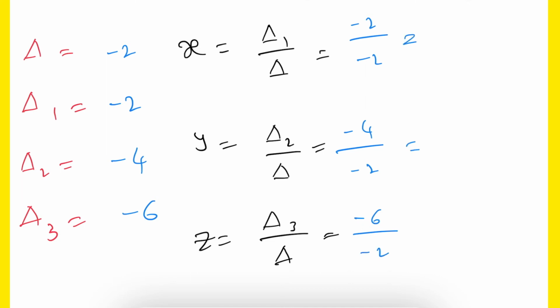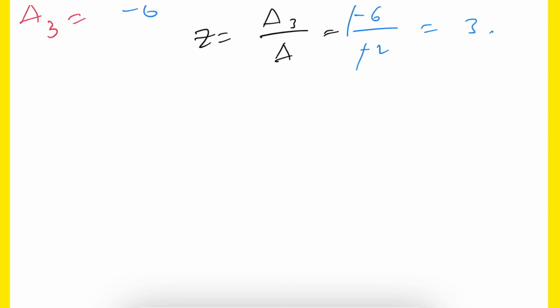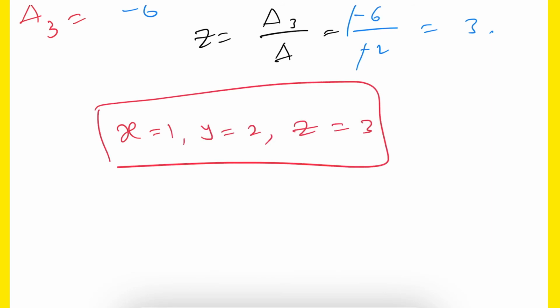If we simplify this, minus minus cancel, minus minus cancel, minus minus cancel. 2 by 2 is 1, 4 by 2 is 2, 6 by 2 is 3. So x value is 1, y value is 2, and z value is 3.